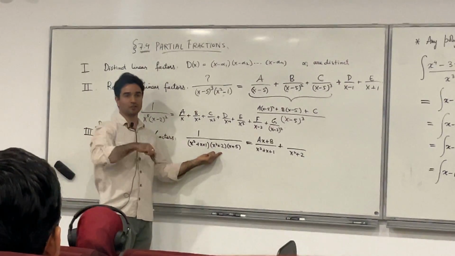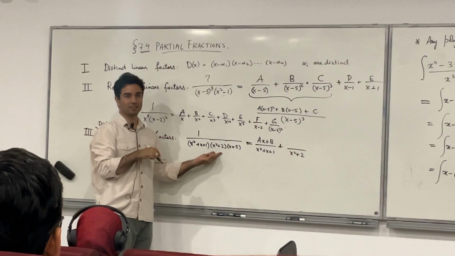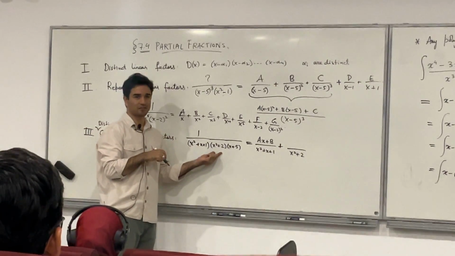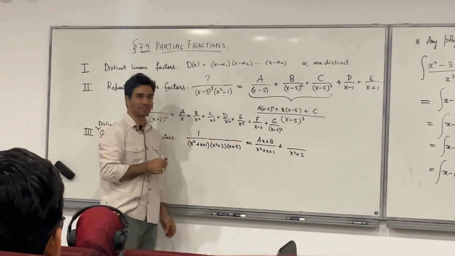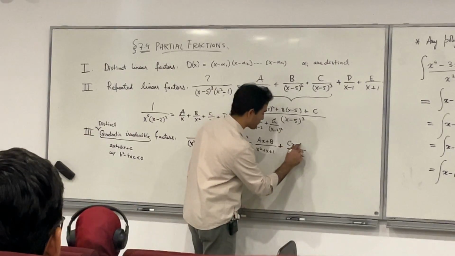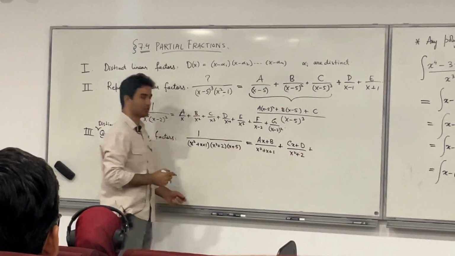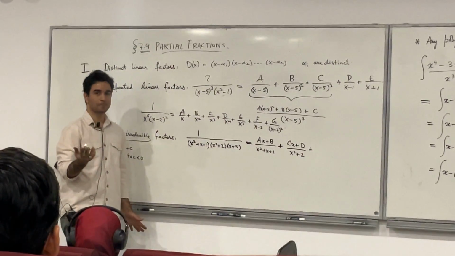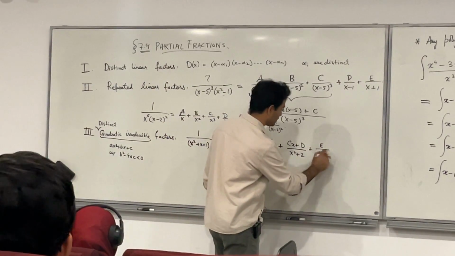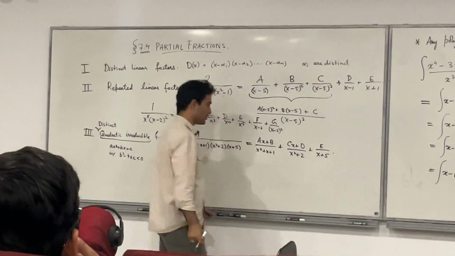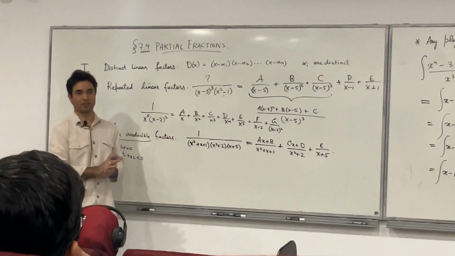Can you tell me? Yes? Say that again. B, I already have b. Cx plus d. And then what do we have? E over x plus 5. And that's it.